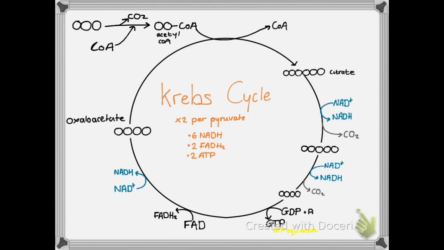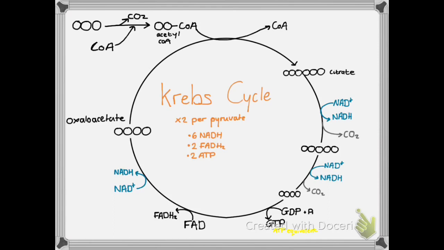So this acetyl coenzyme A then enters the cycle and combines with a 4-carbon molecule and loses the coenzyme to form a molecule called citrate. This then undergoes oxidation and decarboxylation, which means electrons reduce the NAD plus into NADH and a molecule of carbon dioxide is released.